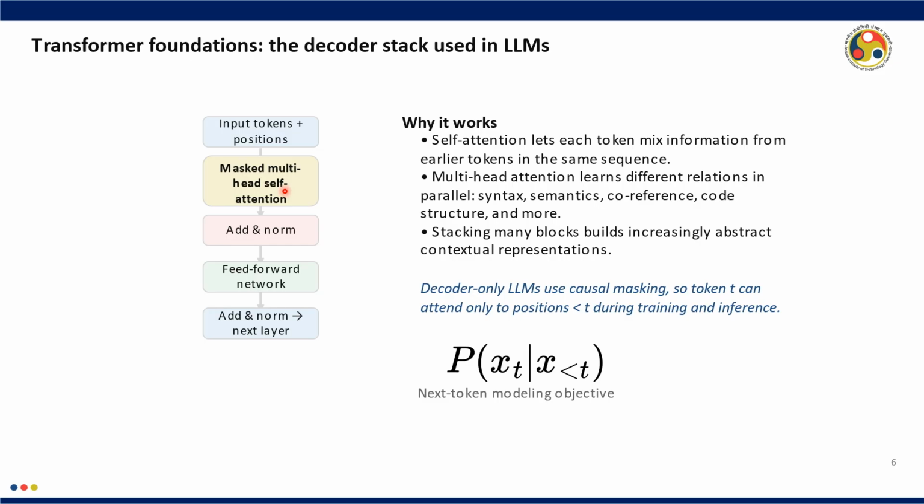Like syntax, semantics, references, co-references, code structure or whatever. So the relationship of each token with all the other tokens in that particular context window is learned, and the semantics are learned in multiple ways. That means how each token is related with other tokens in different manners. So, that way you have multi-head attention.